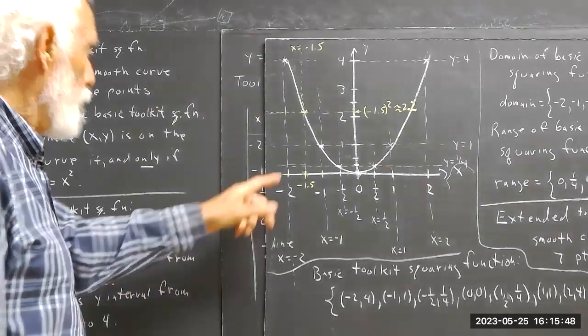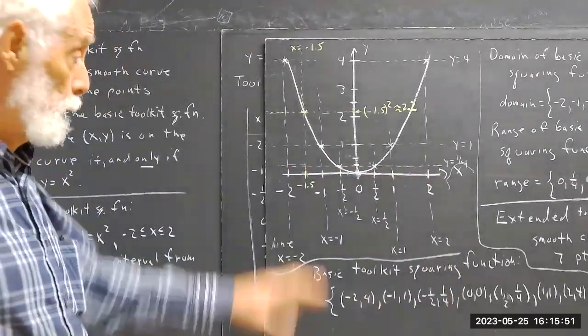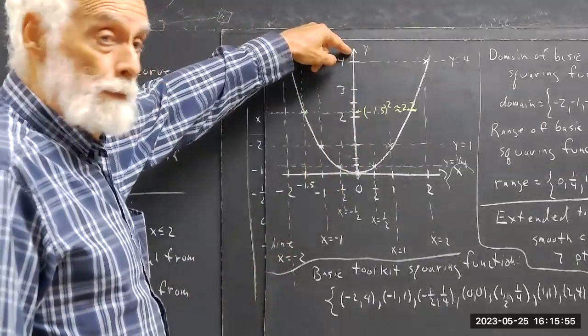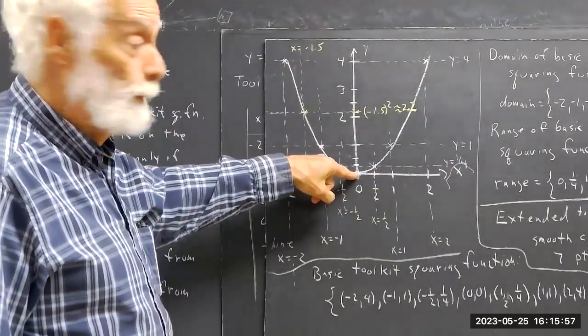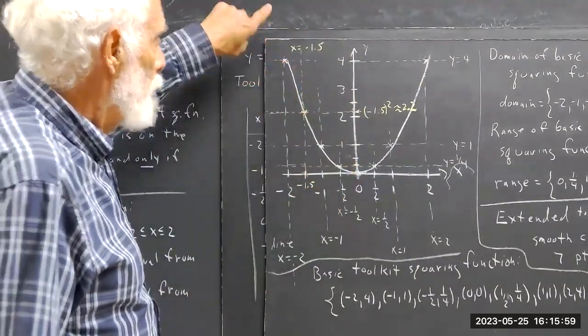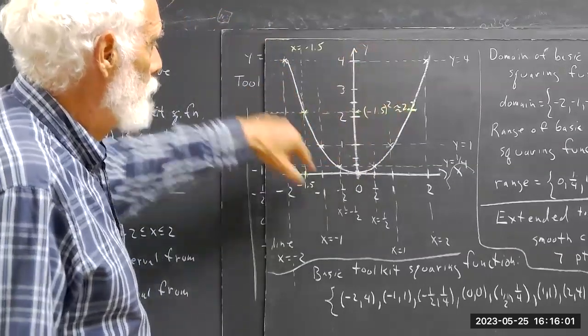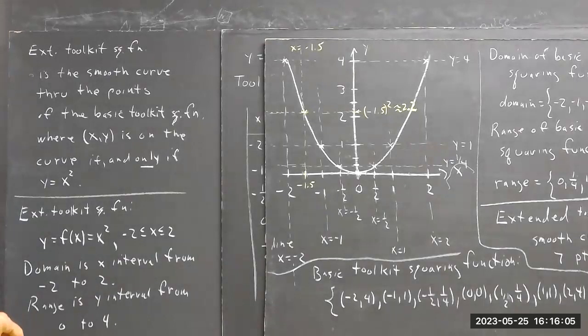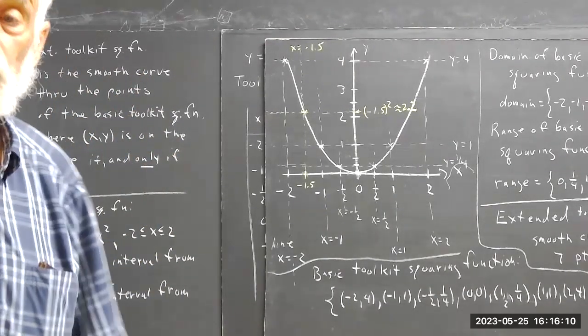Because what? The x values have to be between -2 and 2, and we don't exclude any of them. The y values can be as low as 0 or as high as 4, and we can take every y value between 0 and 4. So that's what we want to know about the basic toolkit squaring function.